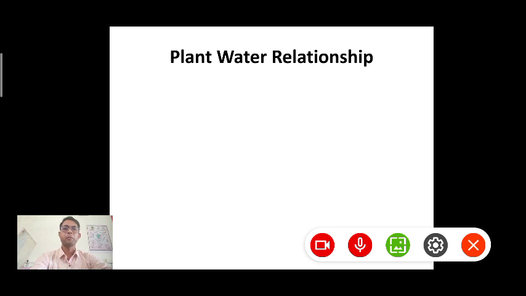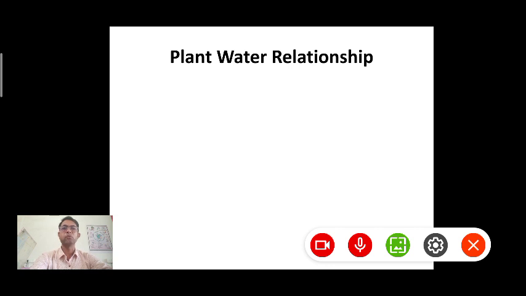So, as we know, plant also has the requirement of this water. Now, as the animal will drink the water with their different mechanism, likewise plant also absorbs the water, utilizes this water, and this utilization of water by plants is nothing but the plant water relationship.